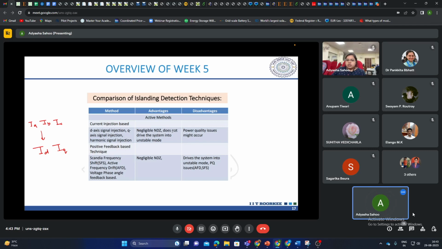These again have a negligible non-detection zone, but since we are injecting external signals, they may lead to power quality issues. Also we had seen positive feedback techniques. They may drive the distributed energy resources into an unstable mode of operation, because if we have negative feedback, it stabilizes the system, but positive feedback will always drive the system into an unstable mode.